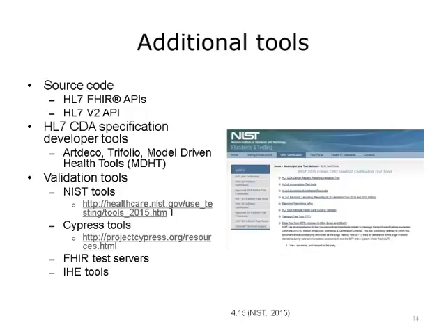The National Institute of Standards and Technology and Cypress develop testing tools to allow vendors and providers to test interoperability functionality for ONC certification of products. However, these tools are helpful for anyone working with interoperability because they provide the ability to submit sample messages or documents and validate if they are formatted correctly.